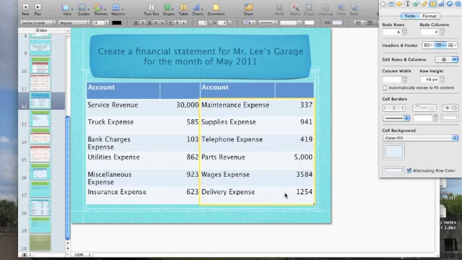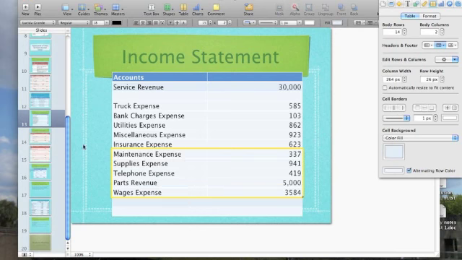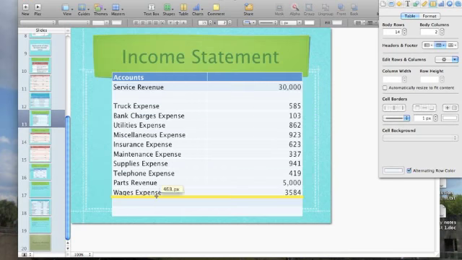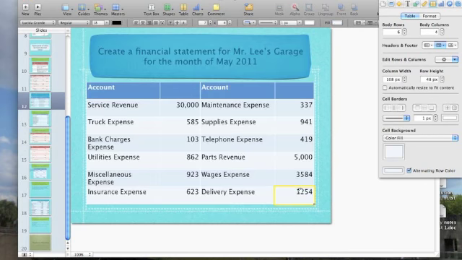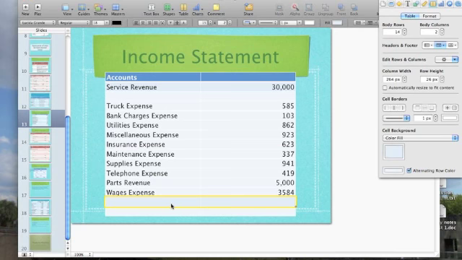You can just move it into this graph. And delivery expense is the last one. And then this is the final total.